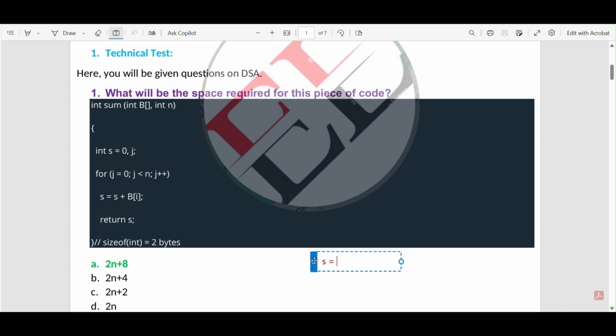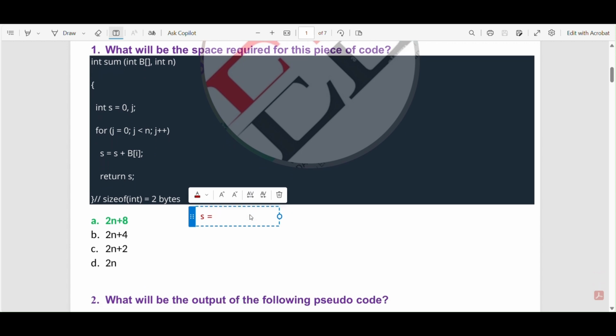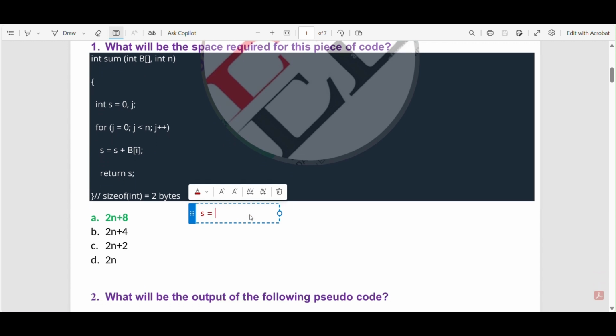Let me take it here, because in black you cannot see anything, right? So s, as it is int, takes 2 bytes, and j also takes 2 bytes of memory, right? Together, these two variables take 4 bytes.